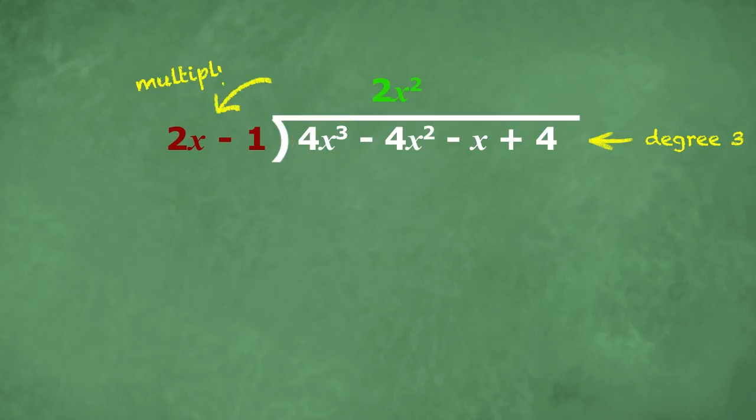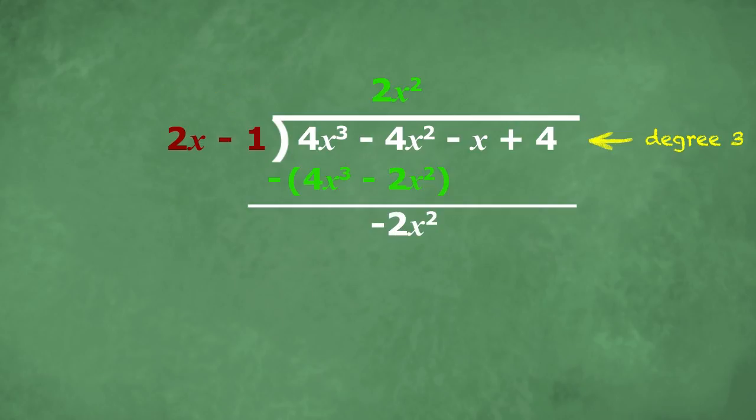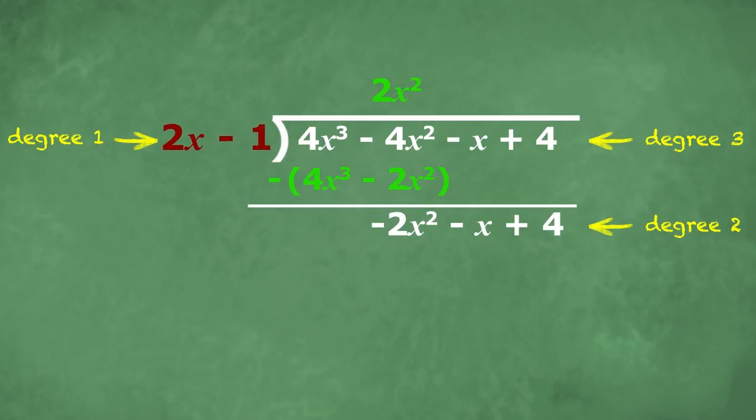We multiply the divisor by 2x squared to get 4x cubed minus 2x squared and write it in the next level of the division. We subtract the product from the dividend to get a remainder which is of degree 2. At this step, the remainder is a degree 2 polynomial. So, it can still be divided by the divisor 2x minus 1.